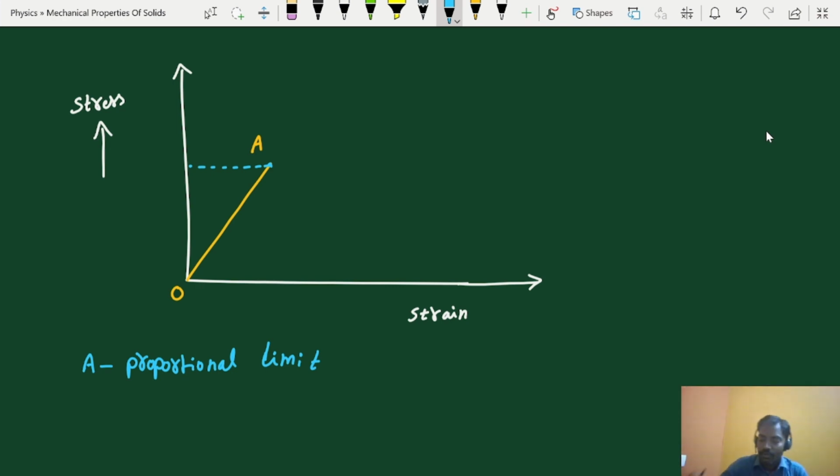Now, when you add further load, like if you increase the stress further, we notice this kind of graph.